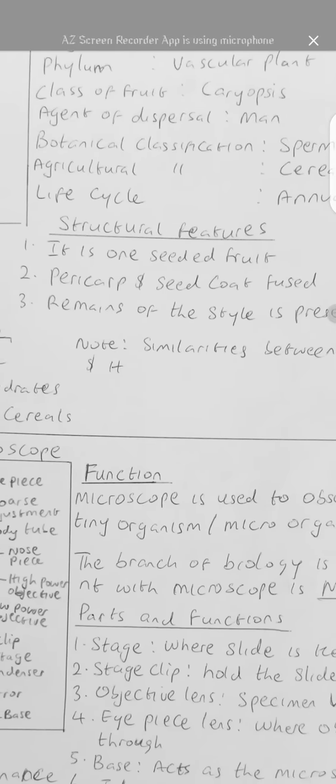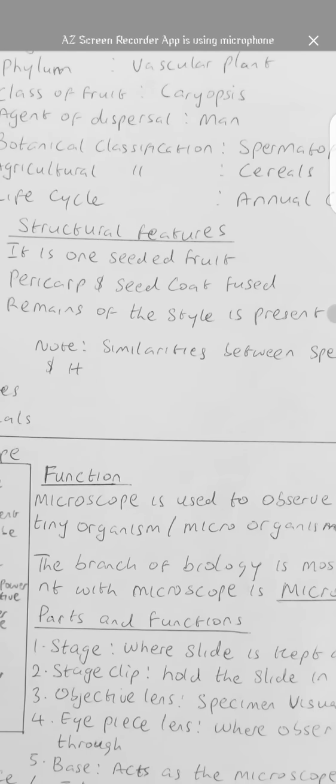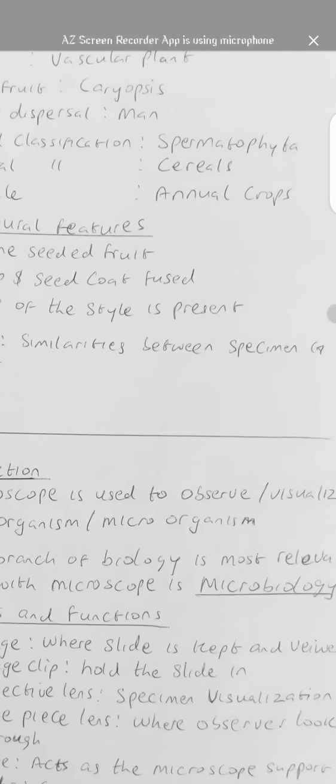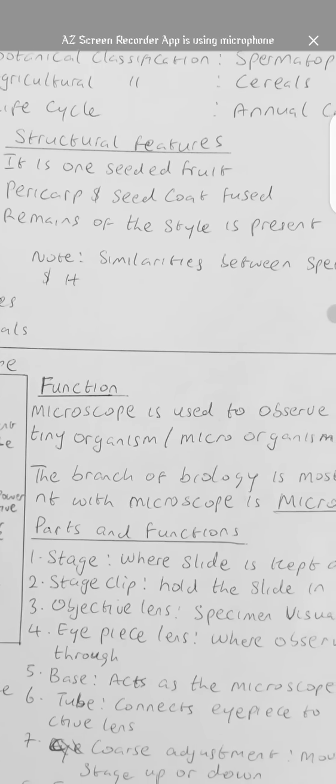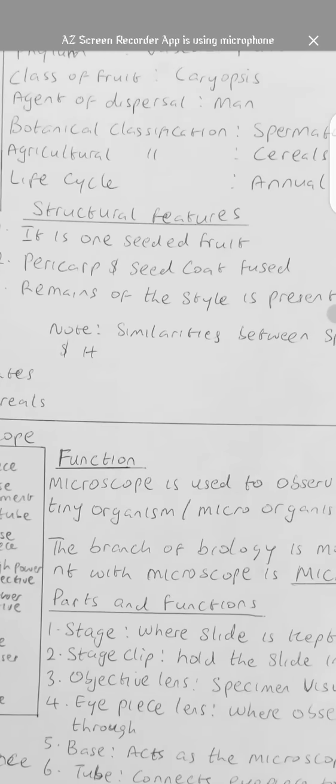So the structural features: it is a one-seeded fruit. Number two, pericarp and seed coat are fused together. Number three, the remains of the style is present. So I wrote down here, note similarities between specimen G and H. Very easy.